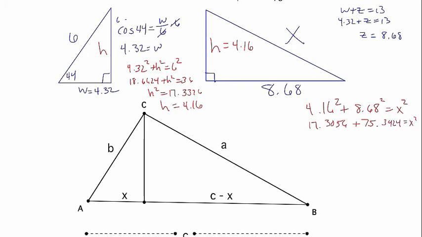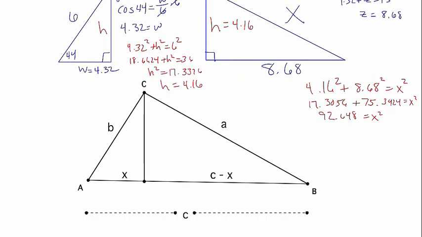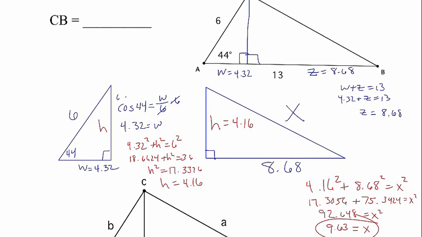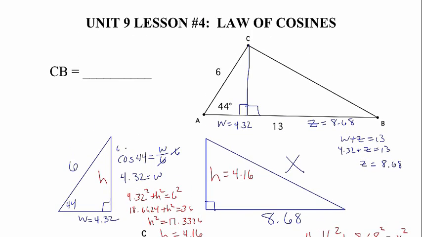I add those two things together, and I get 92.648. And then I can square root that to find x is equal to approximately 9.63. So in this particular problem, CB is about 9.63.